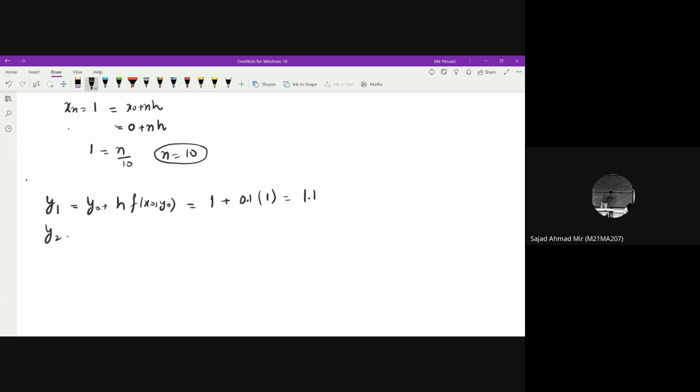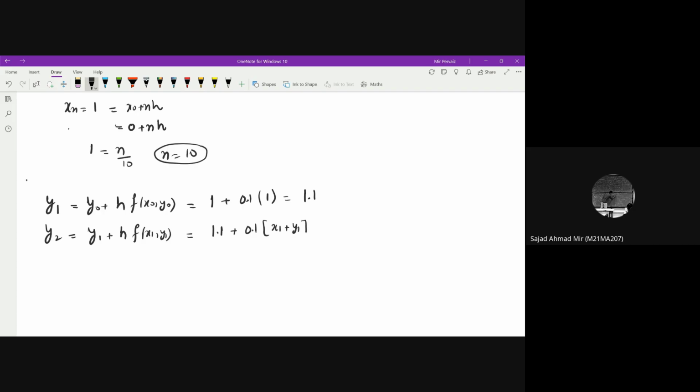Similarly, if we go for y2, which will come in terms of y1, x1, y1, what will be this value? 1.1 plus h is 0.1, and you are supplying the value f of x1, y1. x1, y1 means you are summing x1 plus y1.